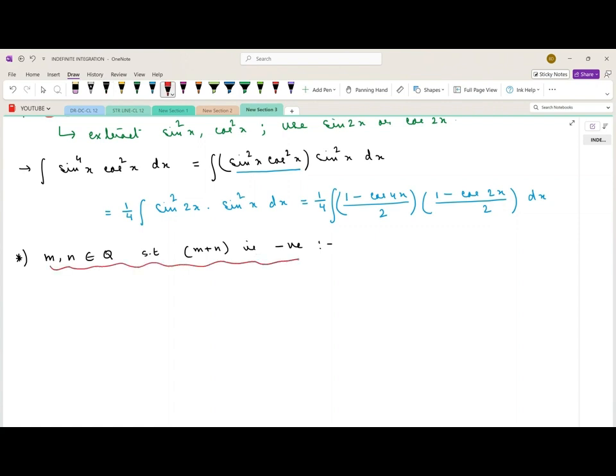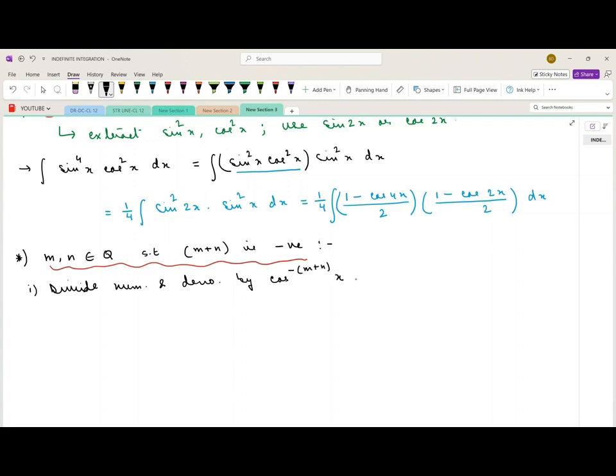I'll do an example, then it will become clearer. So what are the steps we are going to do? You know that m plus n is negative. So first step, divide numerator and denominator by cos to the power minus (m plus n) x.